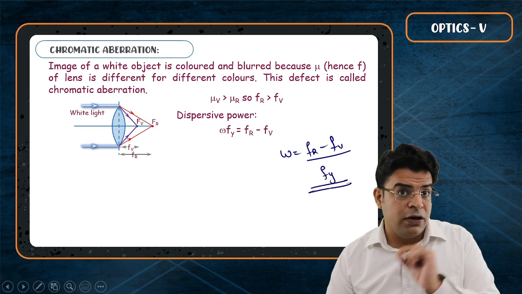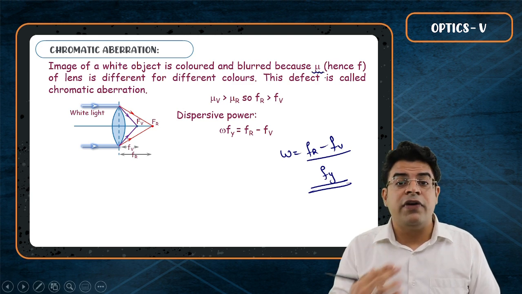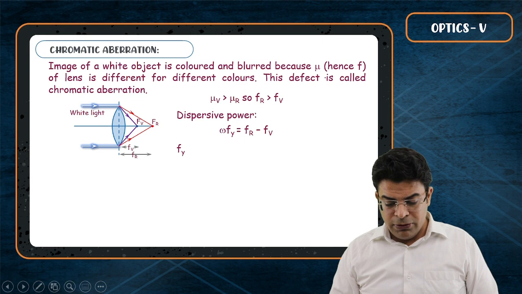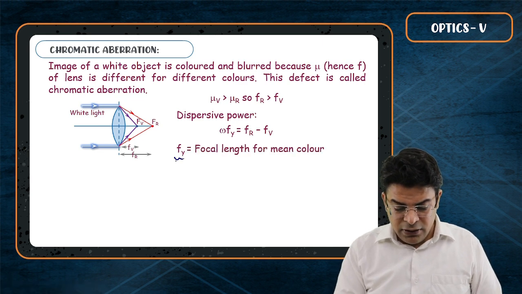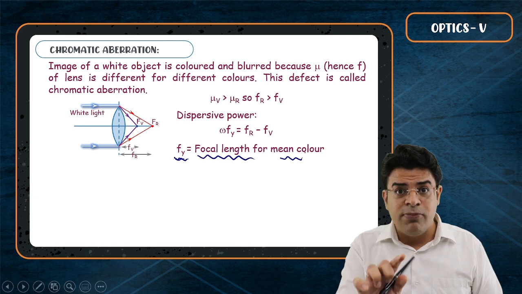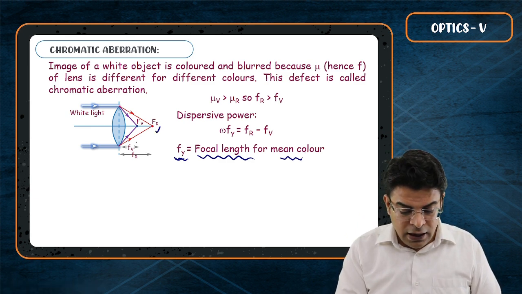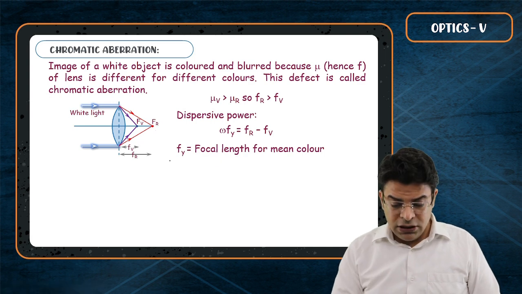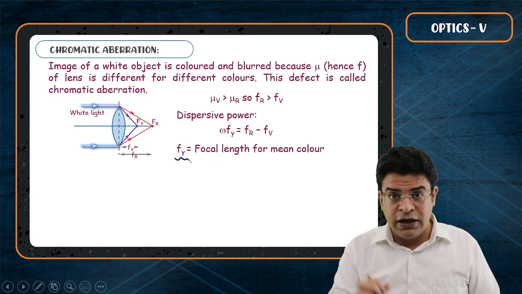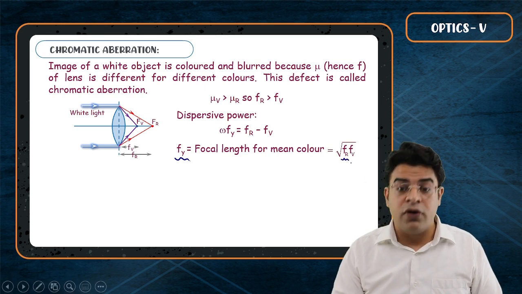For different colors, since the refractive index is different, we get different focal lengths. Now, bachcho, we can say that Fy, the focal length for yellow, is nothing but the geometric mean of the focal length for red and violet. So remember this, the mean focal length, the focal length for yellow is nothing but the geometric mean of the focal length for red and violet.